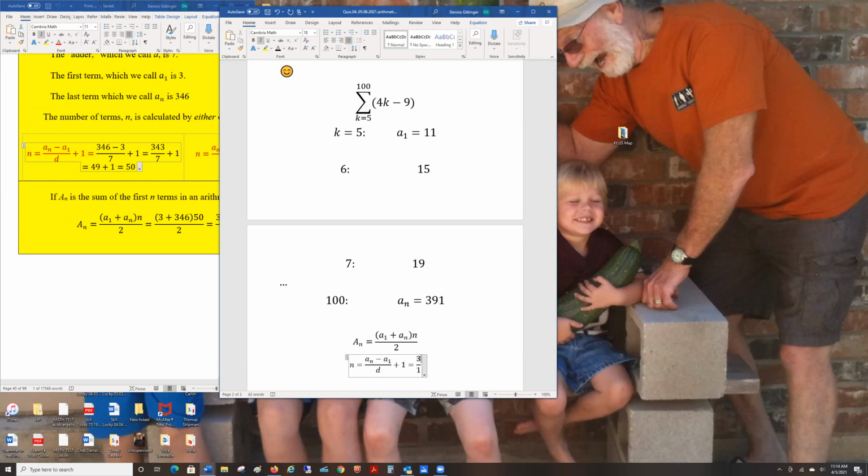So it's 391 minus 11 divided by d, and d is the adder. And what we're adding now is 4. But that's not the end of it. Then we have to say plus 1.